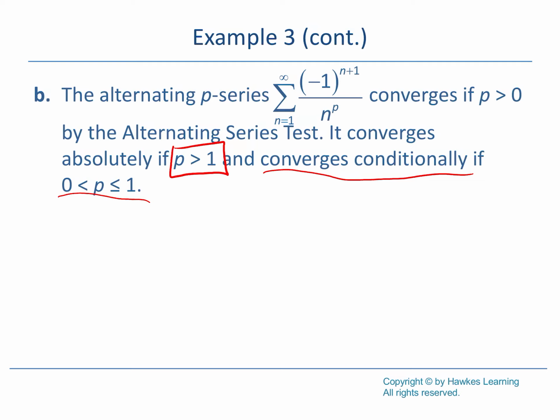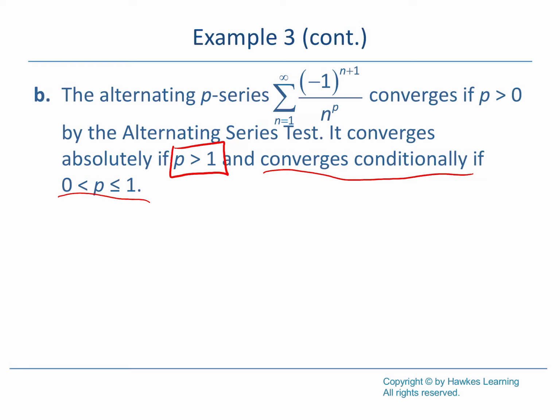And again, to see that this thing would converge conditionally, we apply the two-prong test. Would the terms in the series monotonically decrease as n goes on? The answer is yes.